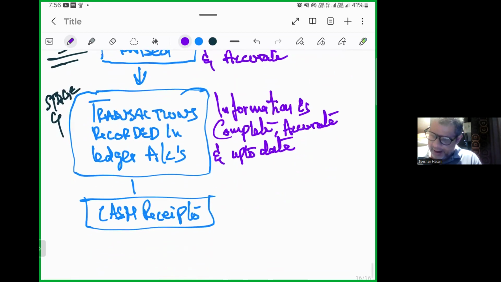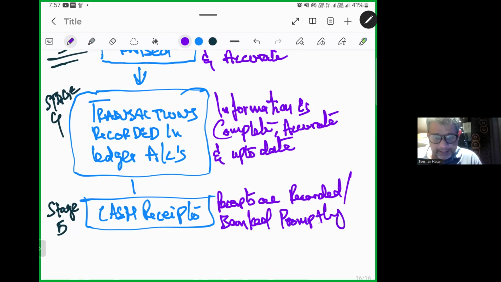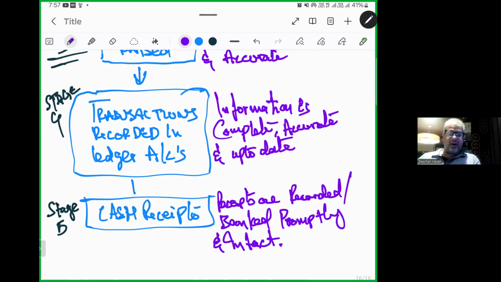And finally, stage five, the cash receipts, where we have to ensure that receipts are recorded, banked promptly and intact, which reduces the risk of misappropriation or theft.